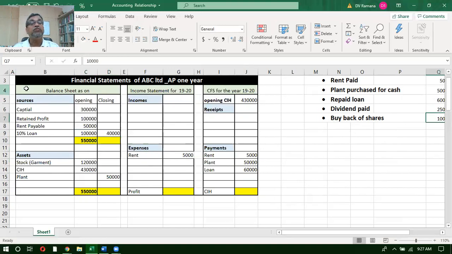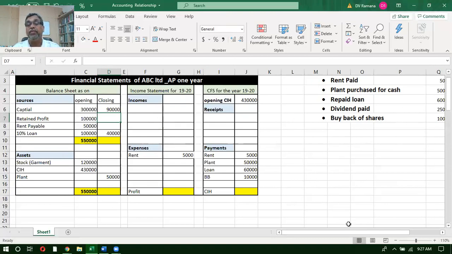Buyback of shares of 10,000. So it is again a payment, a cash outflow, which is not an expense, not a reduction of assets, but a reduction of capital or equity. So we can see that expenses, acquisition of assets, repayment of loans, or reduction of equity may all lead to cash outflow.